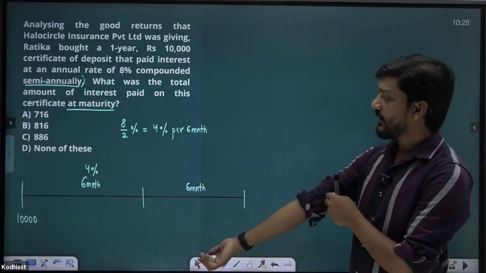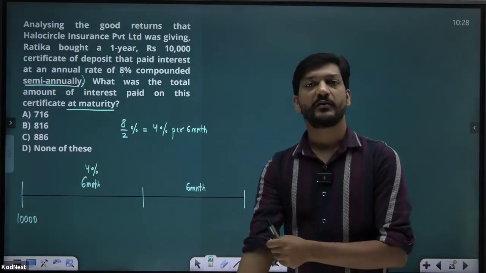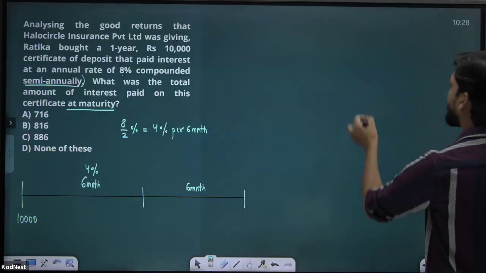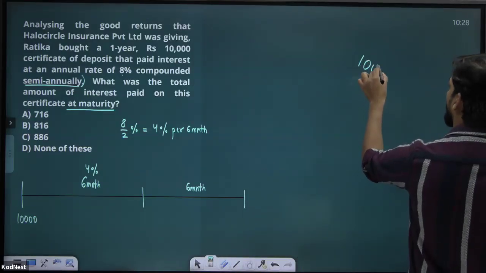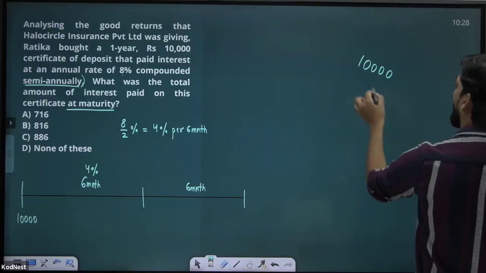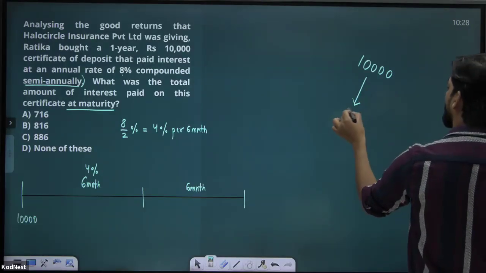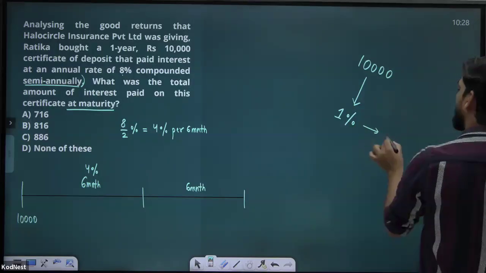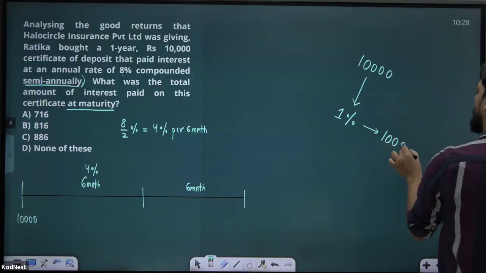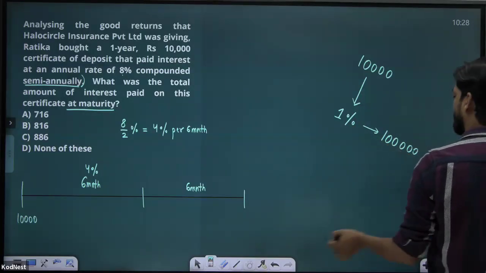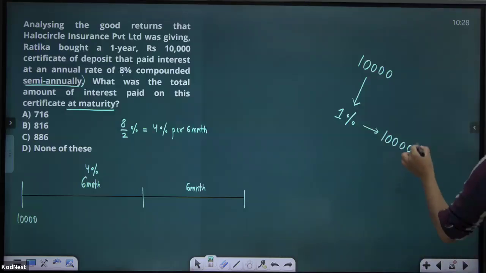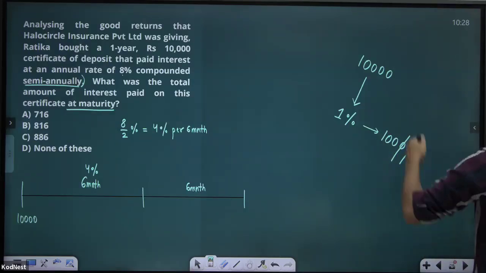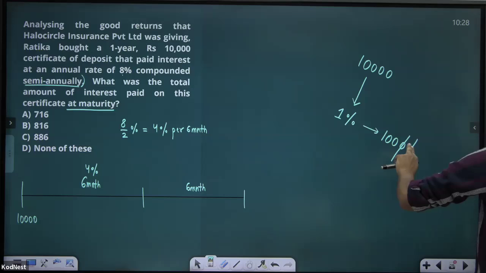All right. How to calculate 4%? Please understand this. Suppose there is a value 10,000. I want to calculate 1% of this. For 1%, take the same value and remove two zeros.